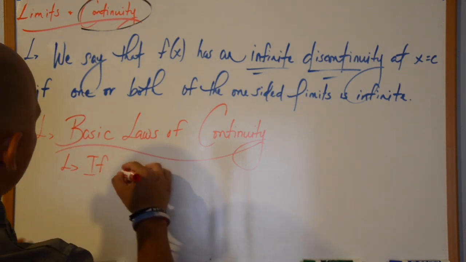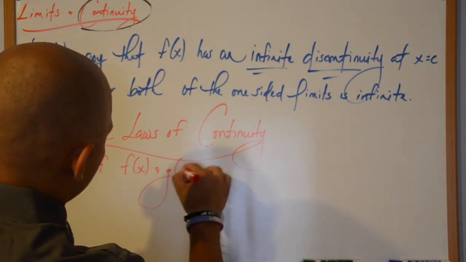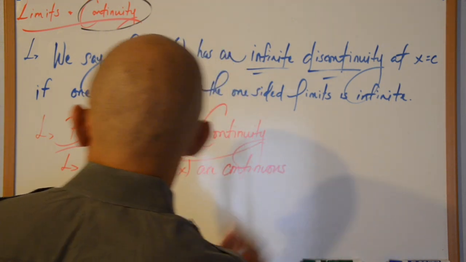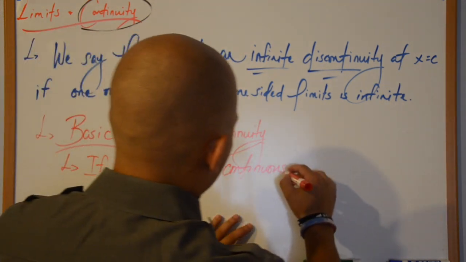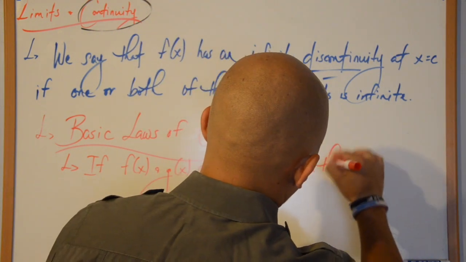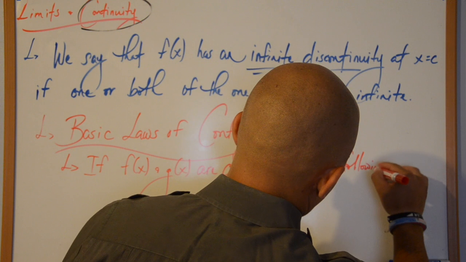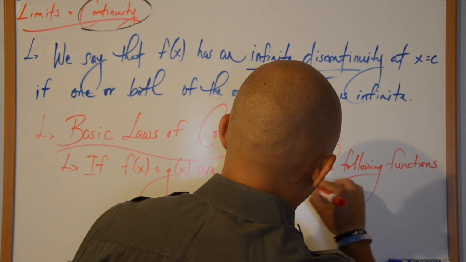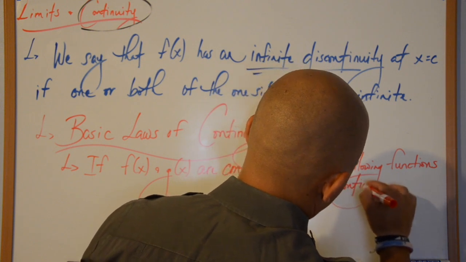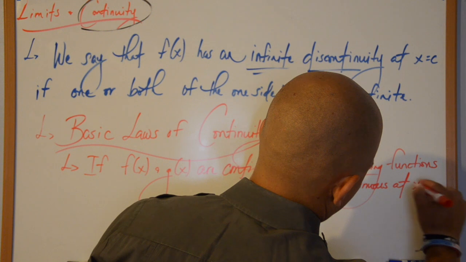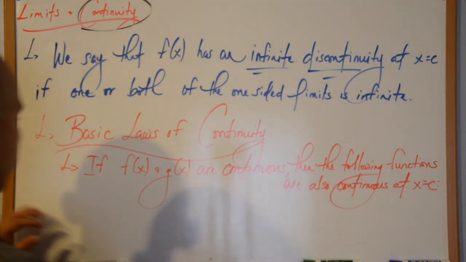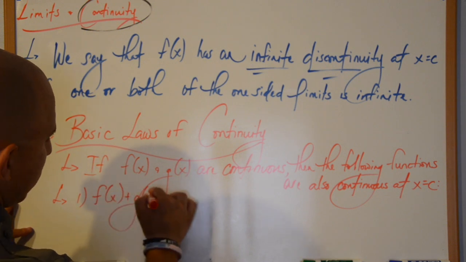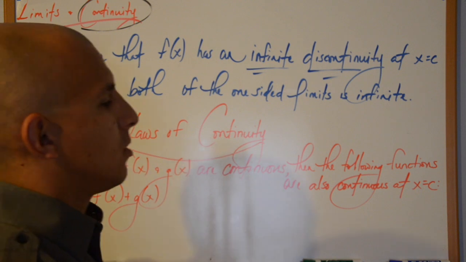But if we can say that f of x and g of x are continuous, then the following functions are also continuous at x equals c. They are as follows. 1, the sum of those two functions remains continuous.